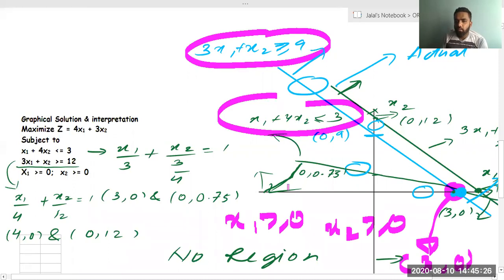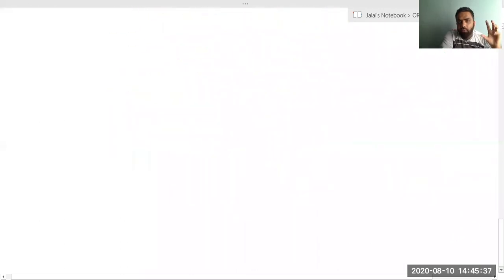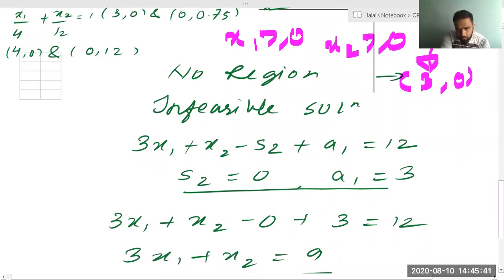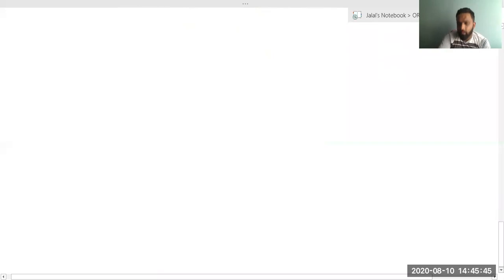I hope you're getting it. So the thing which was not feasible at one point of time can be made feasible. Earlier I was thinking that my solution is infeasible, right?